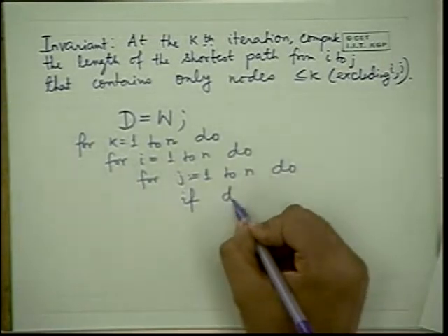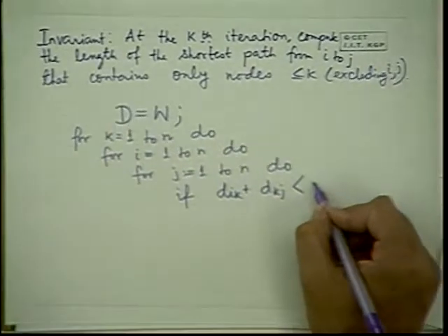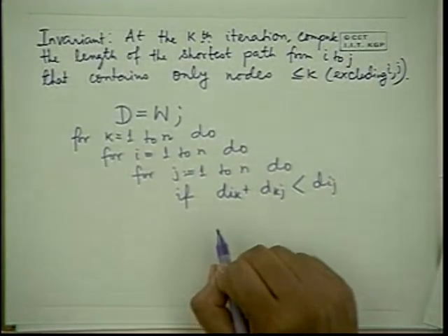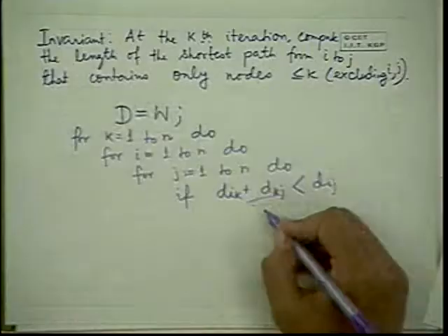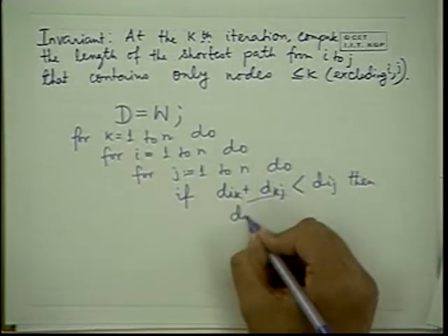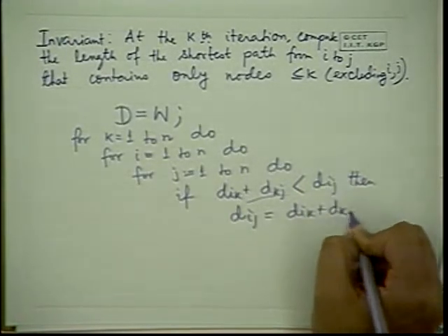If dik plus dkj is less than already set value dij, between i and j there must have been some other values, because initially if there is no path it will be set now equal to infinity. If there is no path, now it will be set not to 0, you have to set it to infinity, because otherwise this check will not be valid. So dik plus dkj is less than dij, then you update the value of dij. Dij becomes dik plus dkj.